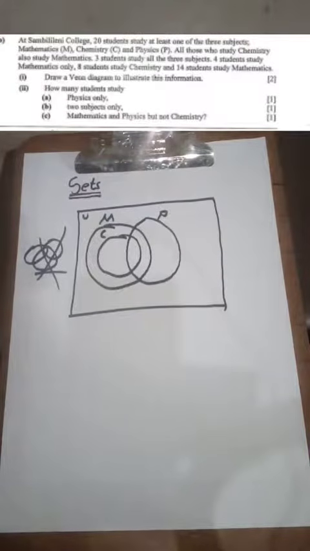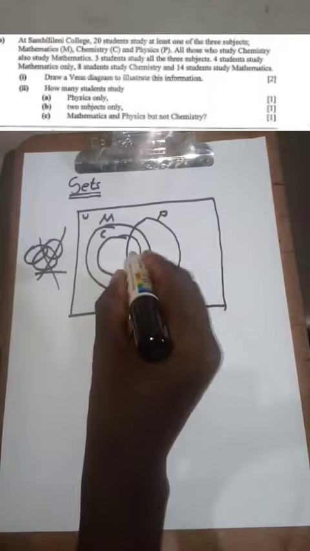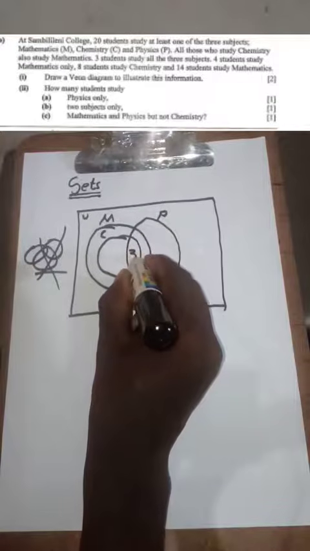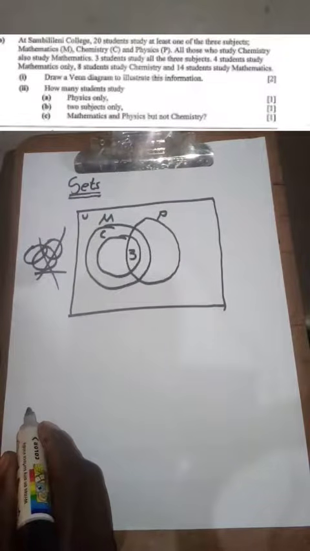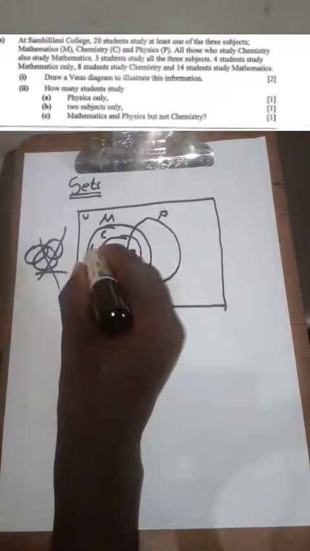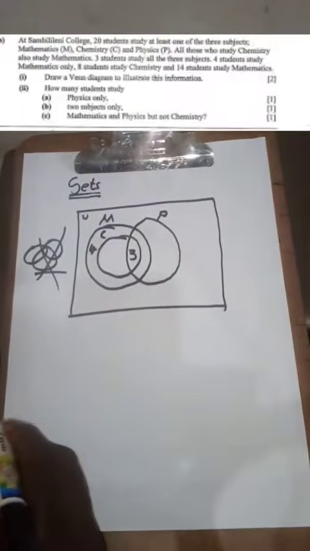Okay, so now you start putting the information. Then you say 3 students study all the 3 subjects. This is the intersection of M, C, and P. We say 3 students. And remember, we have 20 students in total. Then the next point says 4 students study mathematics only. Those who only study mathematics are how many? There are 4 in total. So we put our 4 right there.